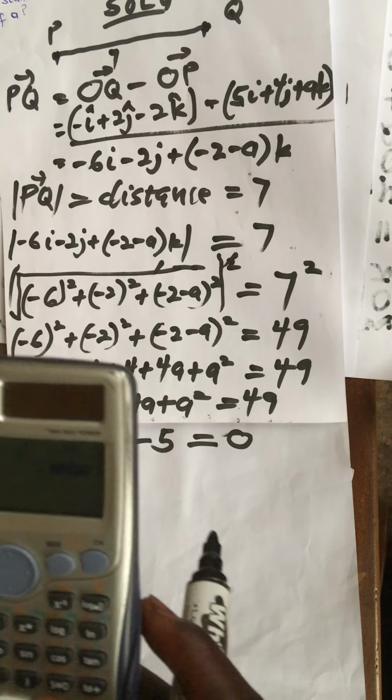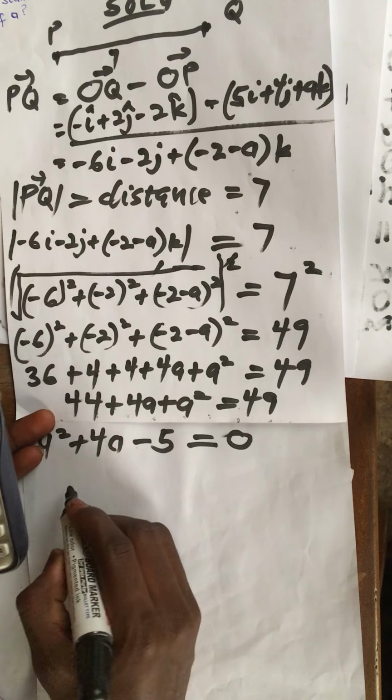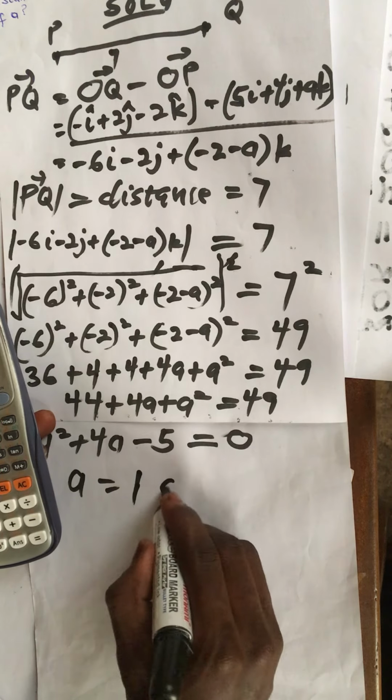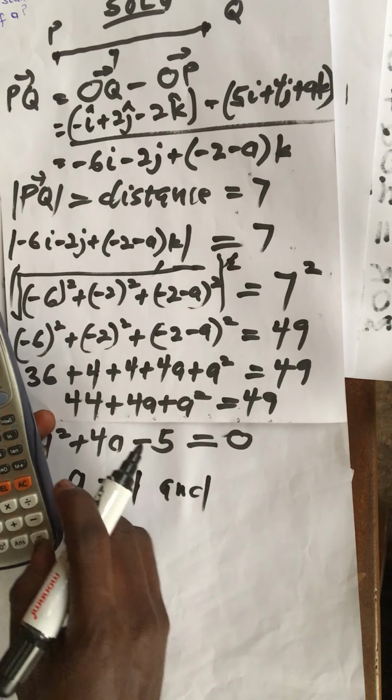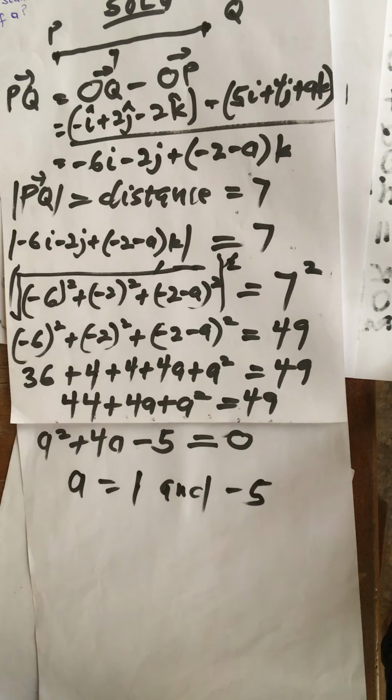So our a values will be 1 and negative 5.